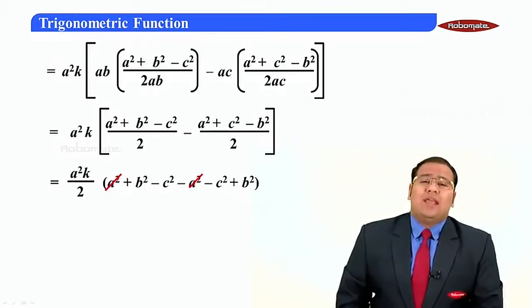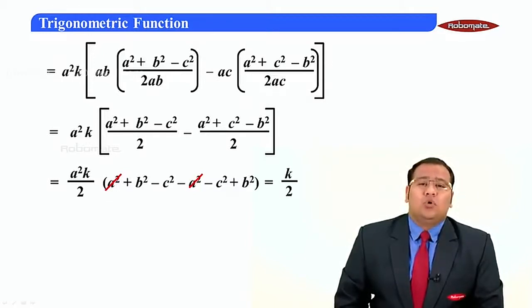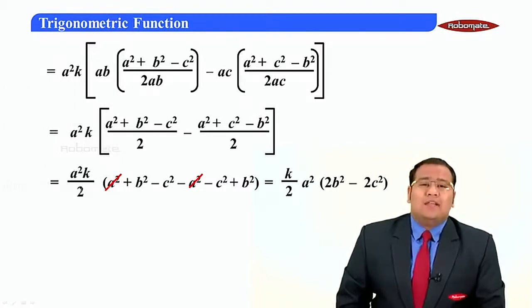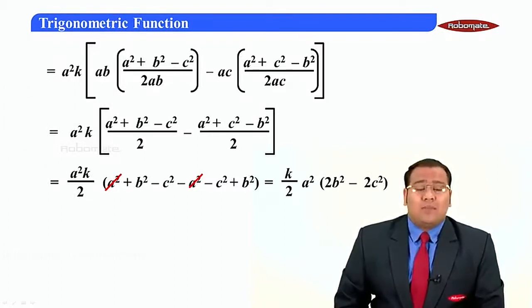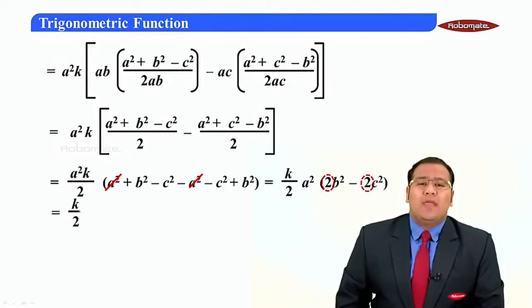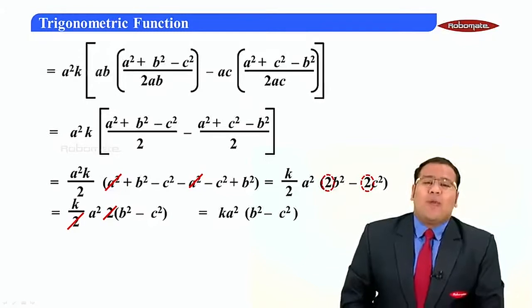Here a square gets cancelled, so we get a square k upon 2 into (2b square minus 2c square). If you take 2 common, the 2 and 2 cancel, and the expression would be ka square into (b square minus c square).